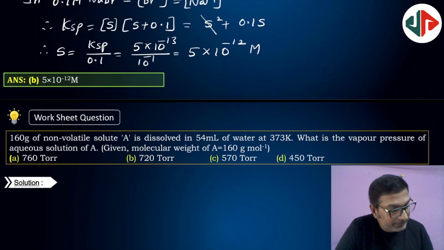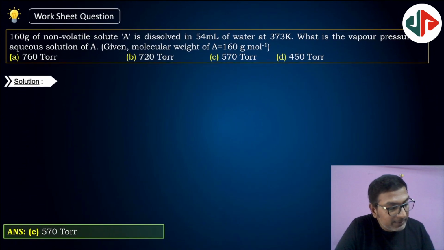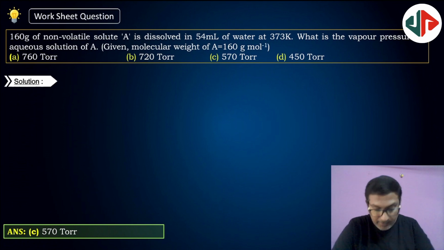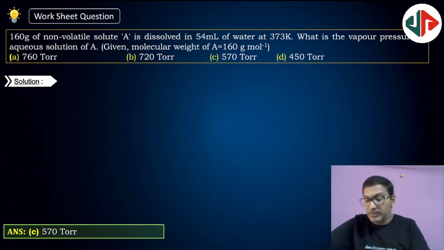Next. So 160 grams of non-volatile solute A is dissolved in 54 ml of water at 373 kelvins. So what is the vapor pressure of aqueous solution of A? Simple question only.